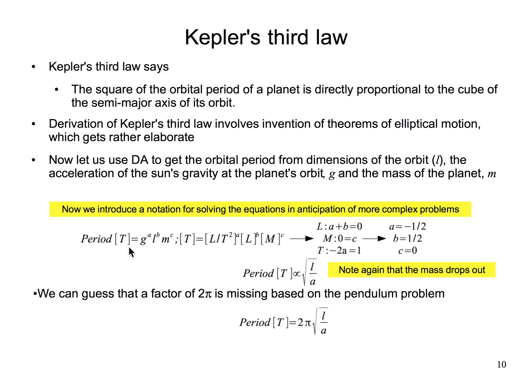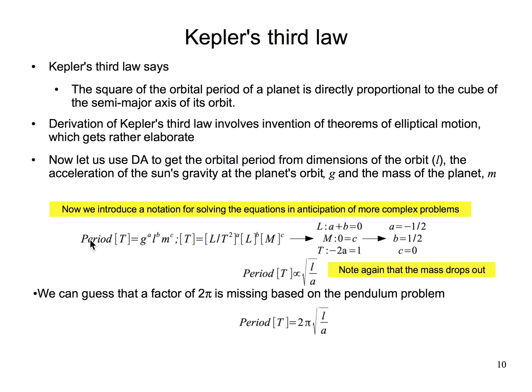The period of the orbit on the left, and then some combination of the gravity raised to the a power, the size of the orbit raised to the b power, and the mass of the planet raised to the c power. We don't know a, b, or c, but we're going to derive them using dimensional analysis.